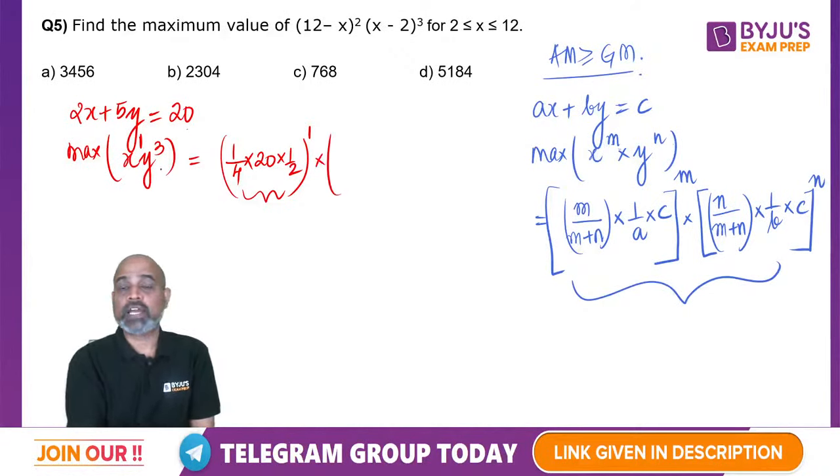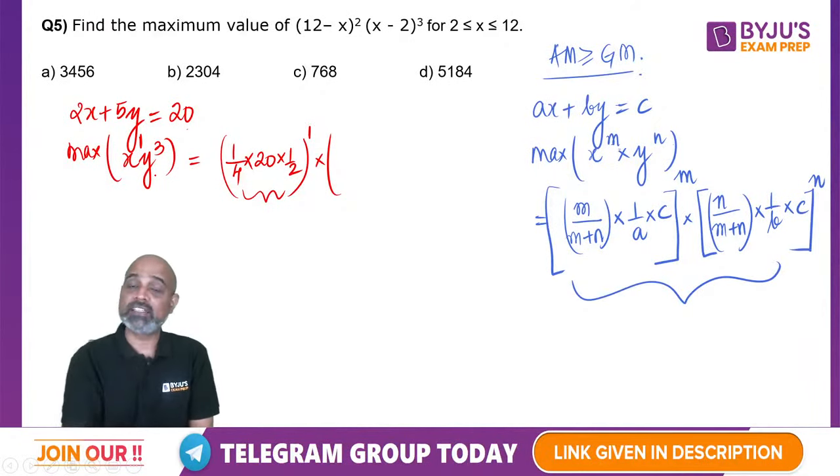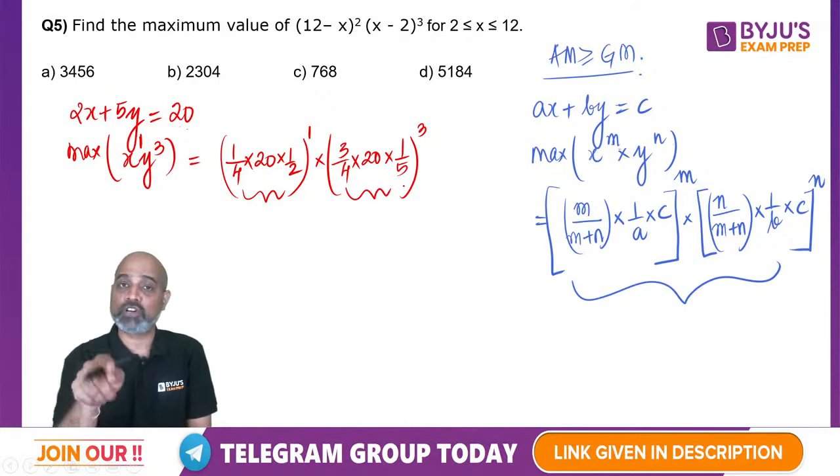Then look at y. y gets power 3 out of 4 powers. So y will get 3/4 of the total value as well. Total value means 20's 3/4 it will get. And since the coefficient of y is 5, you put 1 by 5 here as well. And since the power is 3, don't forget to put 3. So this is the value of y that will maximize it.